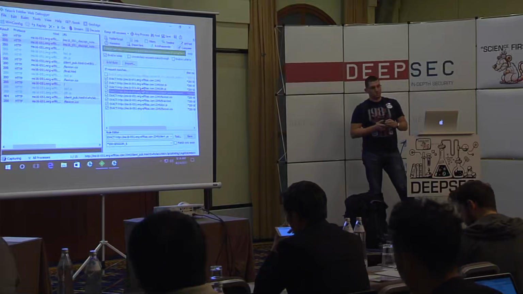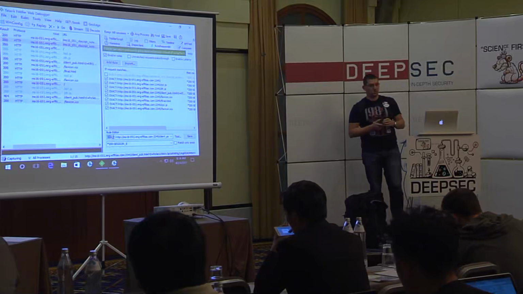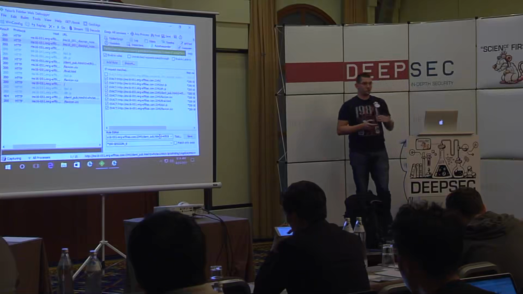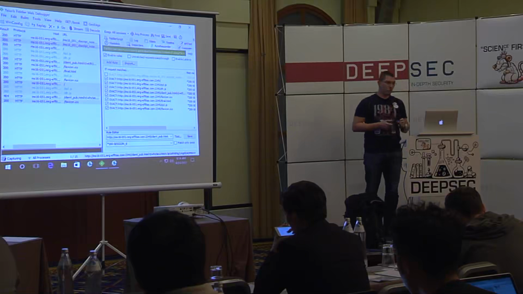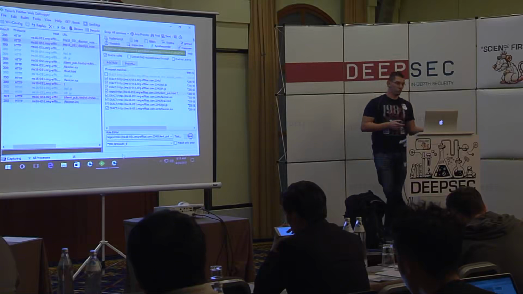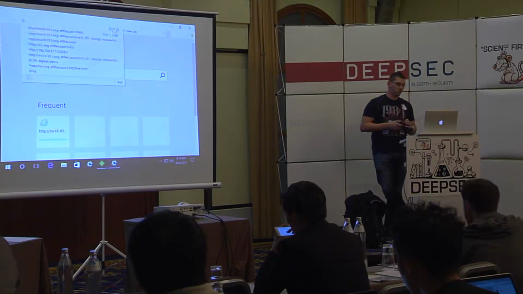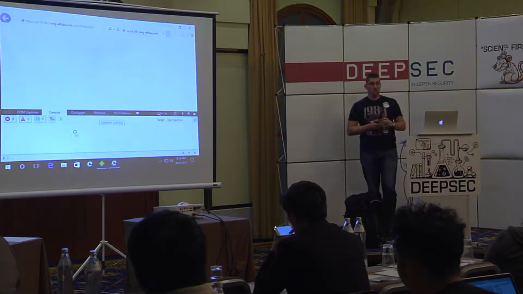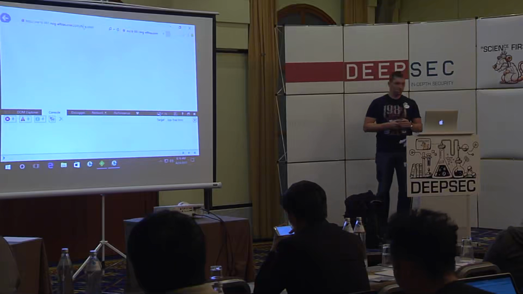Of course, we can fine-tune Fiddler, and let's say, all right, you don't have to be that strict. Let's just answer to the client, no matter what kind of public key is sent. But here you can see that still nothing happened. The exploit was not working.